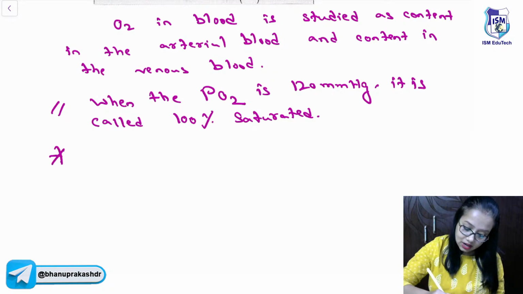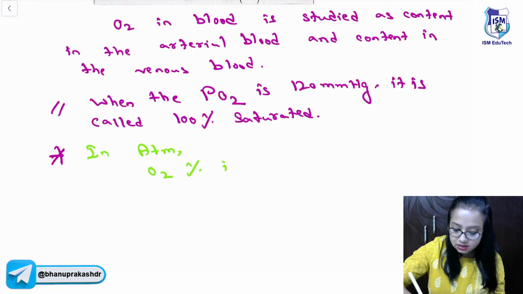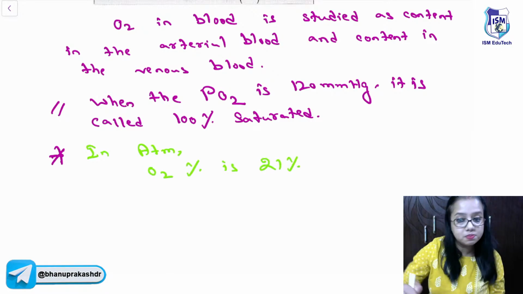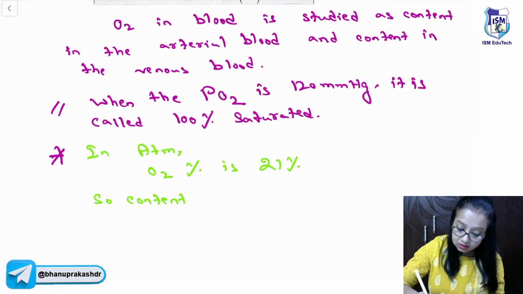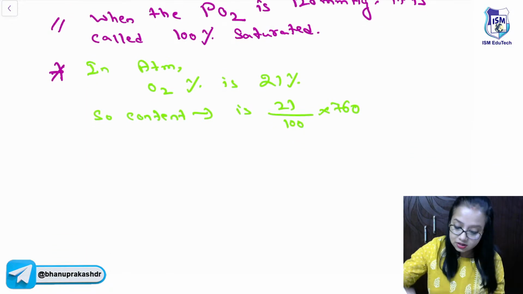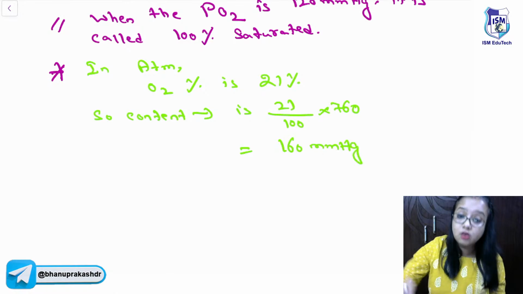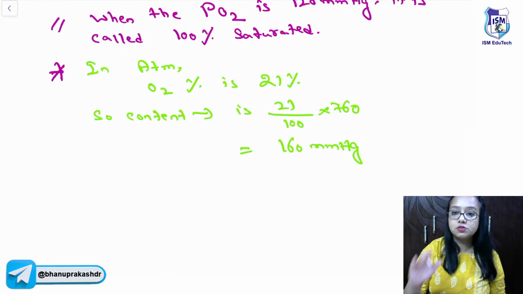Now, in the atmosphere, the oxygen percentage is about 21%. So the content in the atmosphere is 21% of 760, because 760 is atmospheric pressure, which is about 160 mmHg. This is how much oxygen is present in the atmosphere, provided the atmosphere is clean and not in a polluted condition.